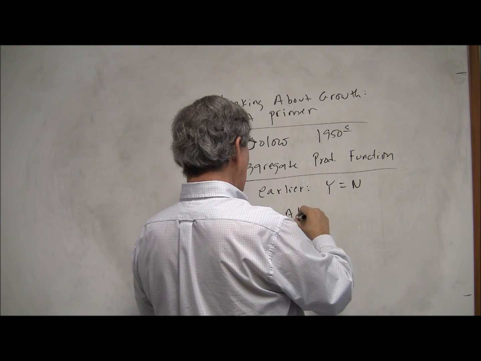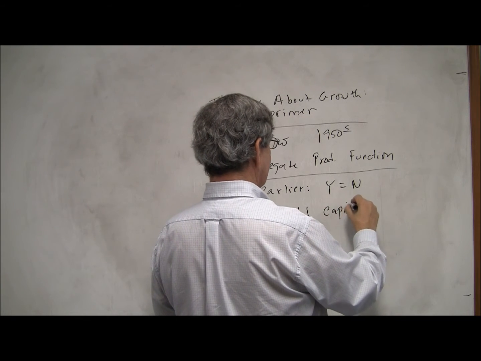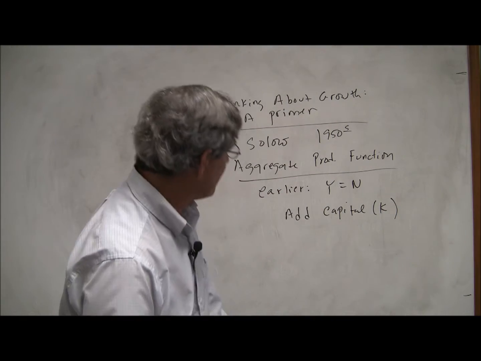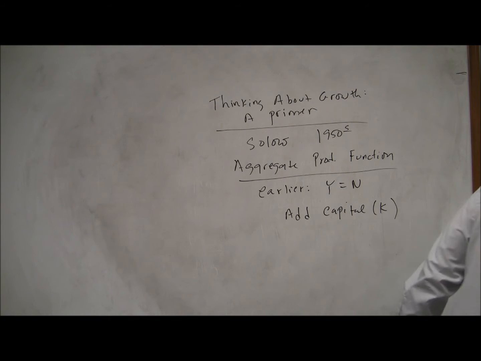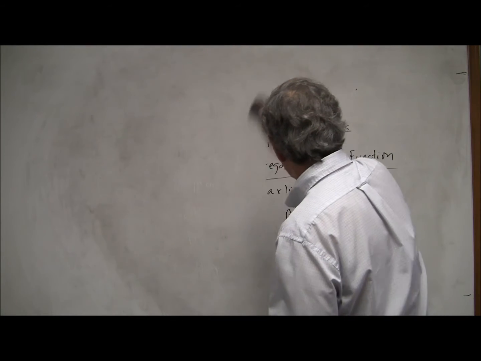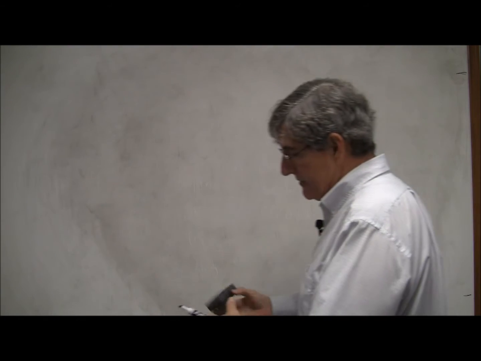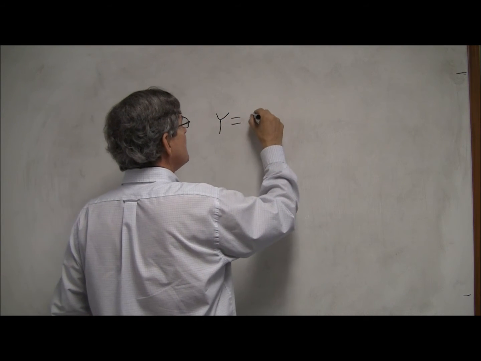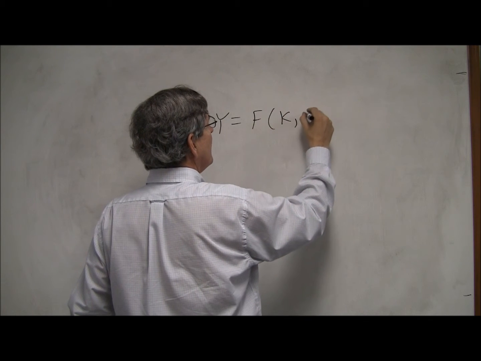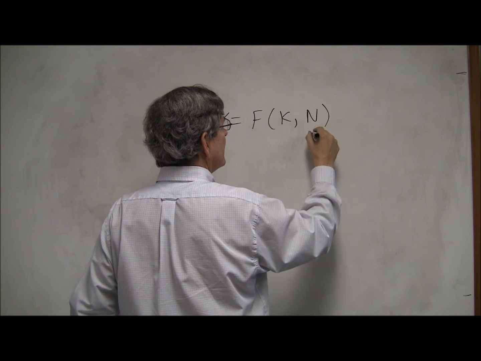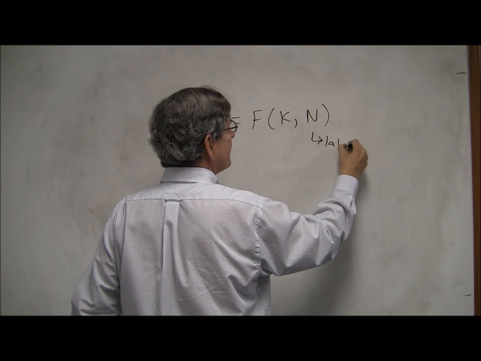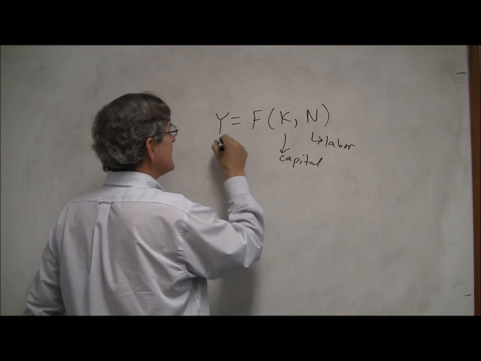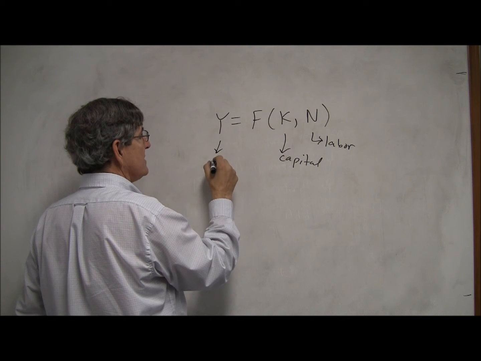What we want to do now is add capital, K, and we're going to have a more general production function. Our aggregate production function is going to be of a form you may or may not have seen before, but hopefully you have. Y is some function of capital and labor. So that's the aggregate labor. This is aggregate capital. And this is output, or GDP, or income, as we know.